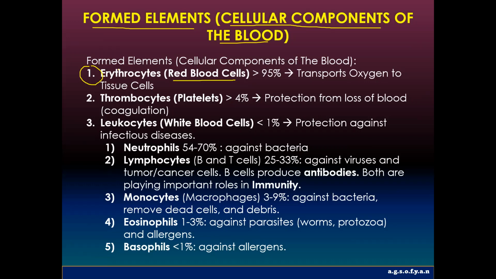The scientific name is erythrocyte. And this red blood cell is more than 95% of the cellular components. This is the reason why you see the blood color is red, because it mostly consists of this erythrocyte, or red blood cell.